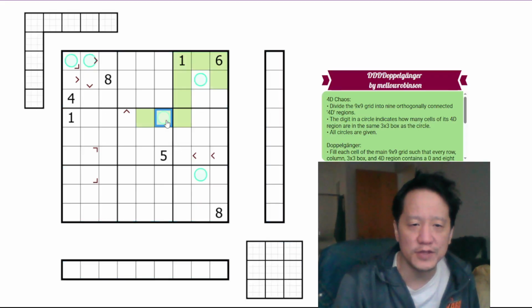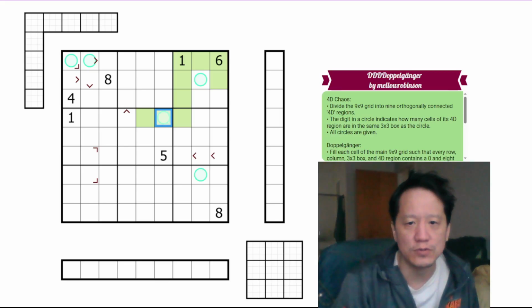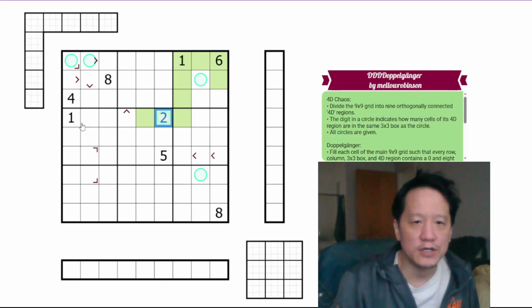Okay, so this, for example, would have to be 2, right? Because the cells that are in its 4D region are 2 specifically in the same 3x3 box.